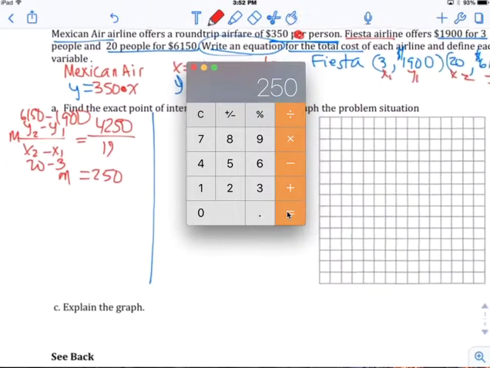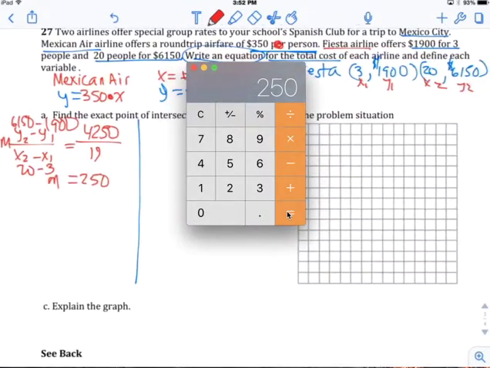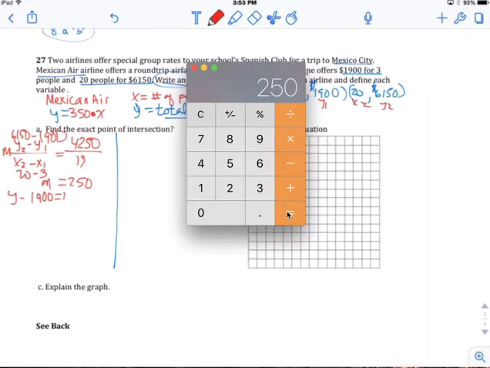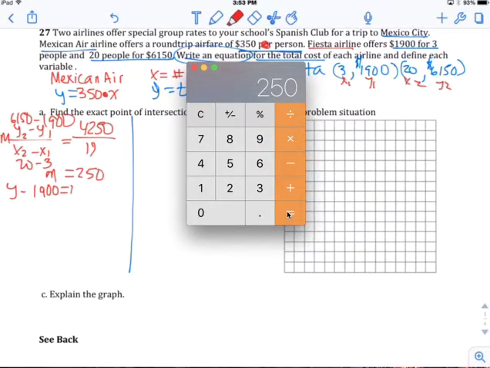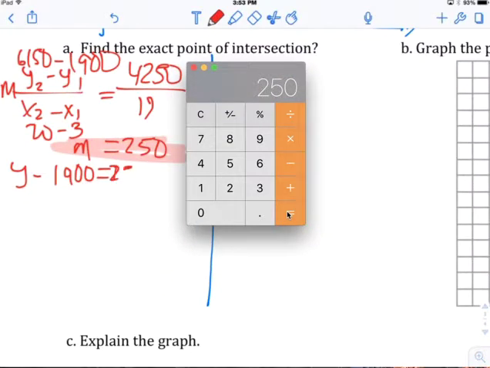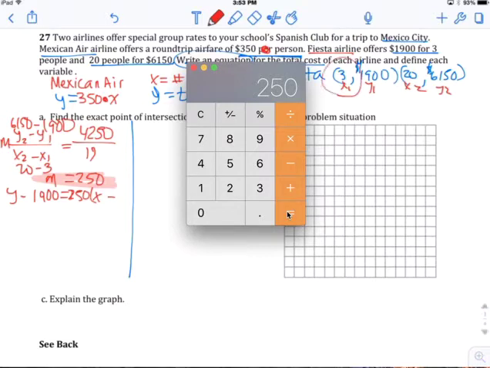Okay. So Y minus Y1, which is 1900, equals M, which is, what's the M of this? Oh, right here. 250 parentheses X minus X1, which is 3.